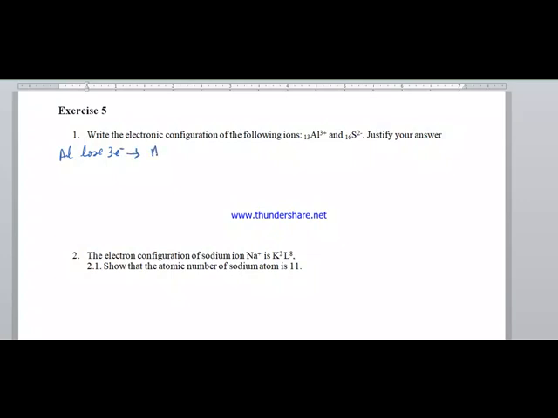The aluminium atom has an atomic number Z equal to 13. Since the atom is neutral, the number of electrons in the aluminium atom equals the number of protons, which is Z equal to 13.